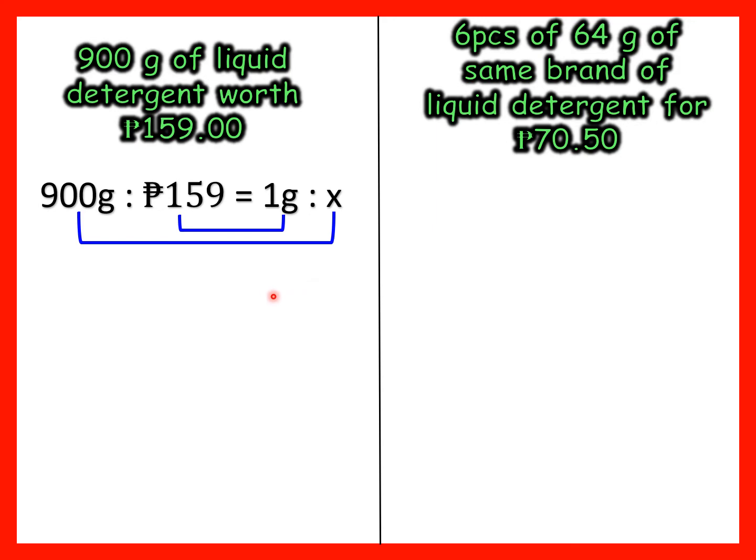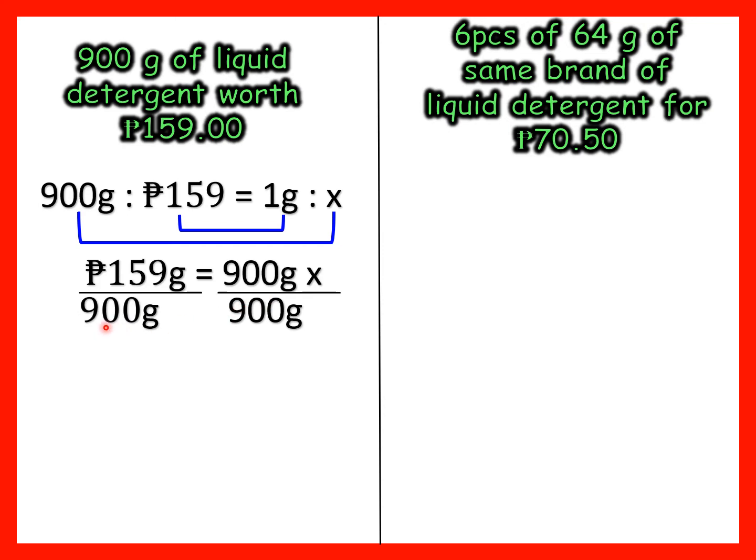Since we are getting the value of x, we need to get rid of this 900 grams, and to do that, we need to divide both sides by 900 grams. Dividing by 900 grams, we can simply cancel 900 grams over 900 grams since it is 1, and we can also cancel the same units, which are both grams.